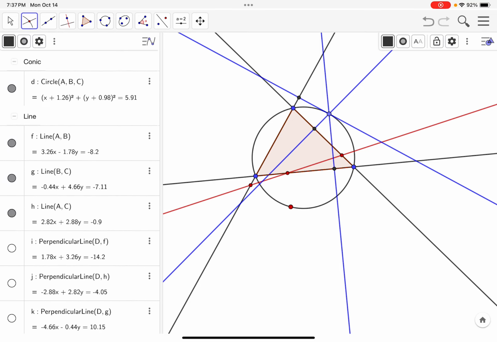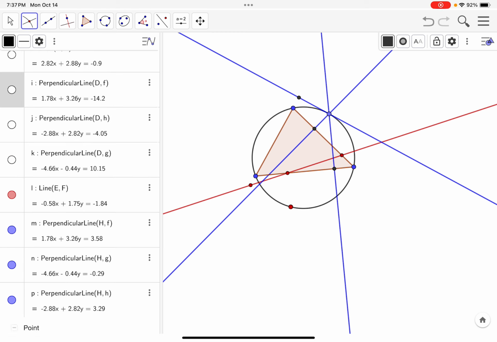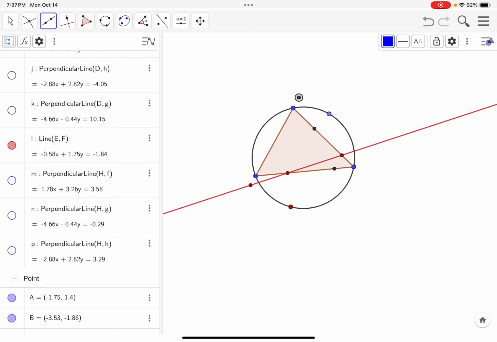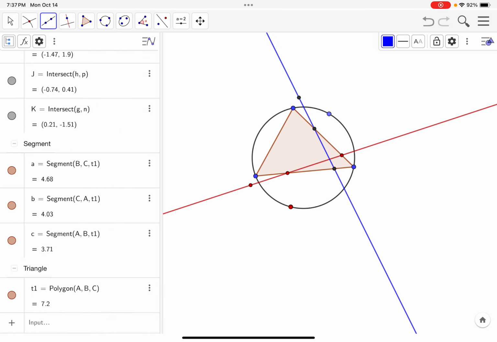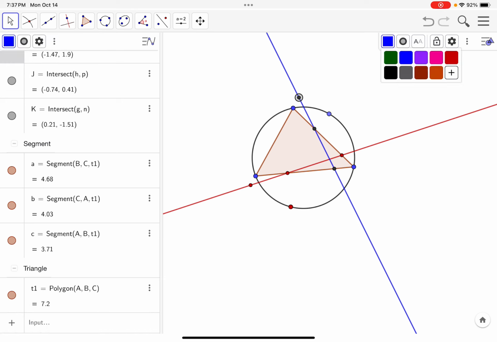We should be able to get rid of some of the perpendicular lines we don't need, and then go ahead and draw in the Simpson line. There it is. And then probably color this one blue, this one blue, this one blue.